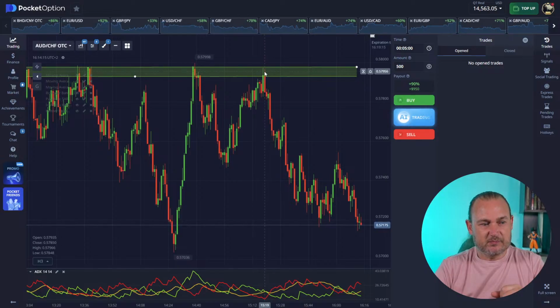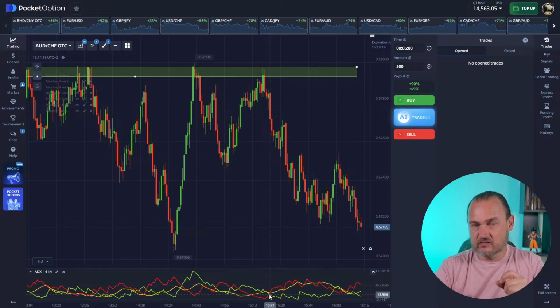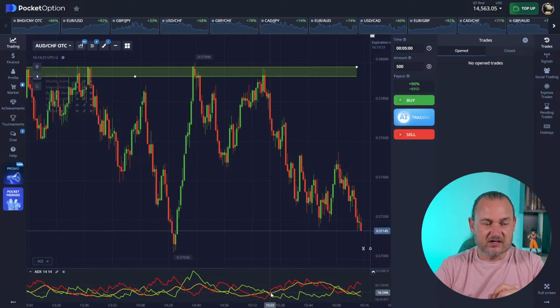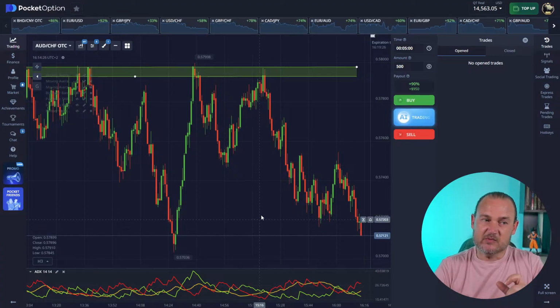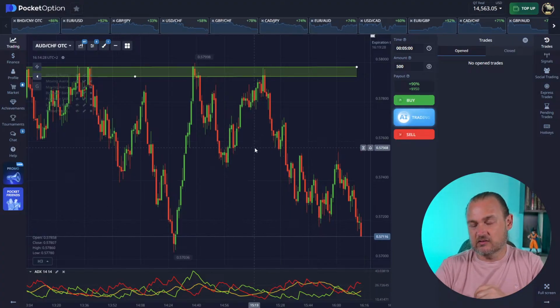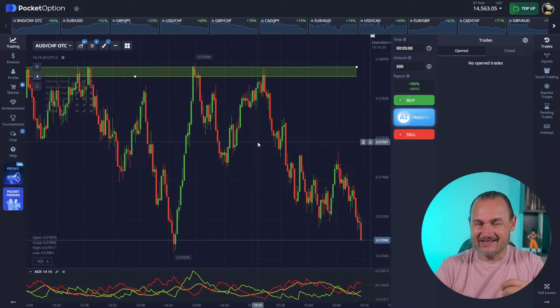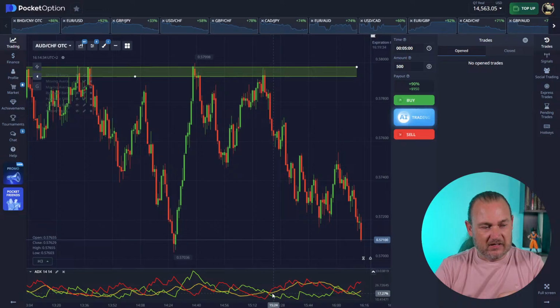So as soon as this candle rejected, shortly after that, we had the bearish crossover of the DI minus crossing over the DI plus. So the DI plus was falling, DI minus was climbing, telling me that the downwards movement is increasing and the upwards movement is decreasing. Okay, so another trade opportunity there.